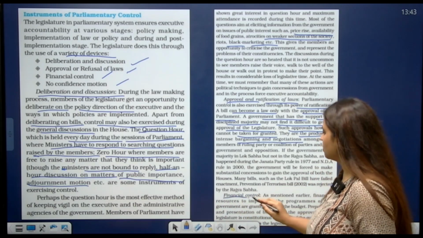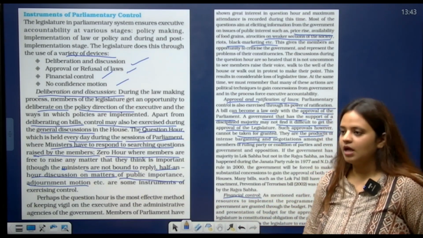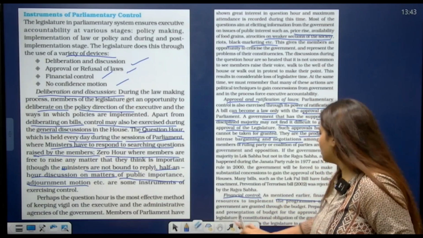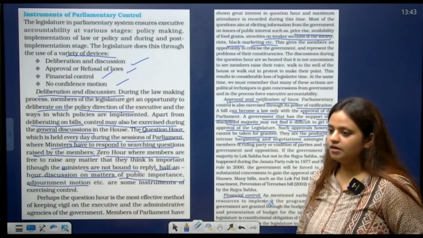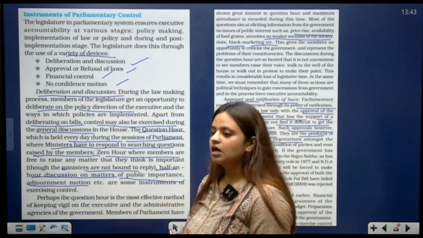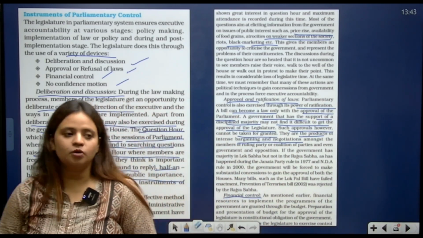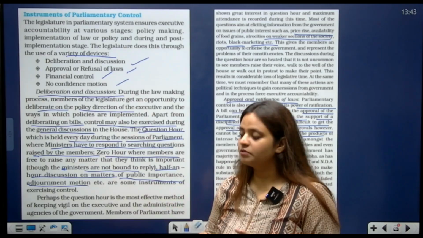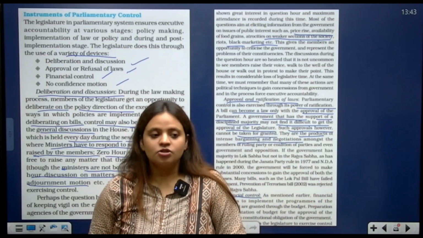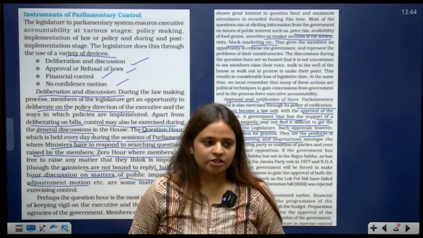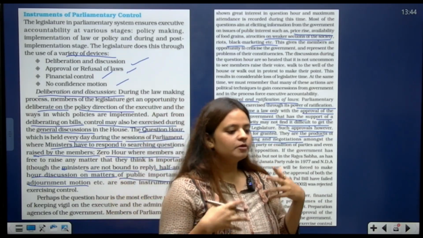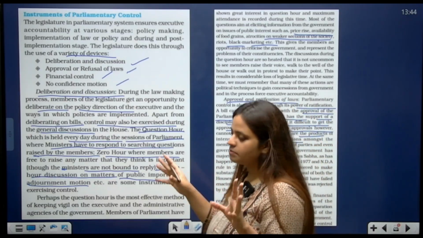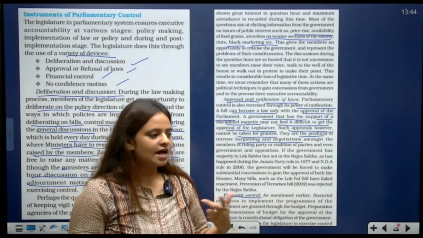The third function is financial control. As mentioned earlier, the financial resources are in the hands of the ruling party. The ruling party decides how the resources will be distributed, what amount will go to which programs and schemes of the government. So there is a budget, or annual financial statement, that is given by the government, which tells the amount required for specific schemes or programs that have to be implemented.